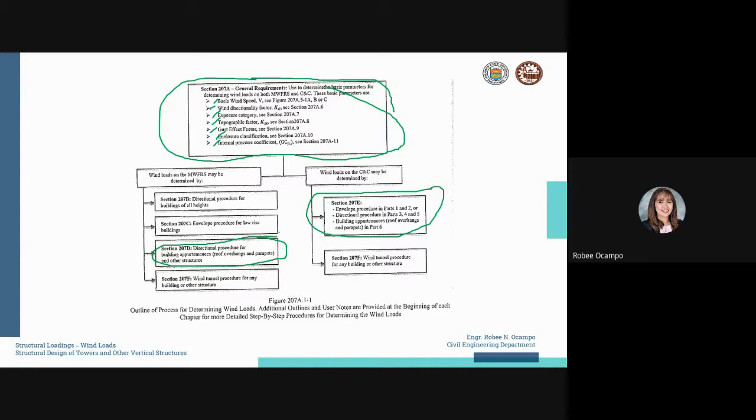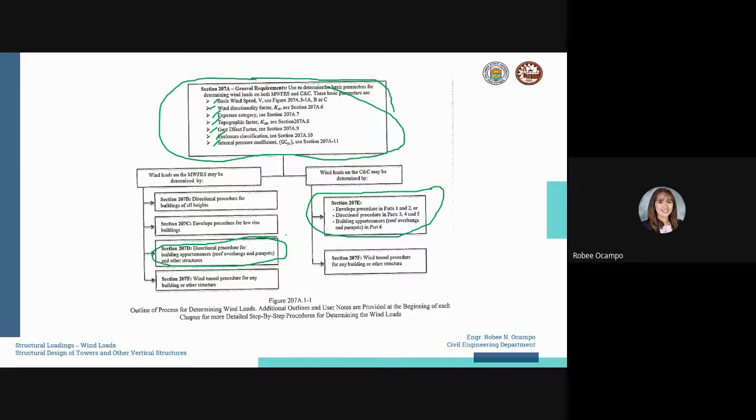We're not going to be focusing on the wind loads for buildings, no, kasi we don't have much time for that. Kasi after we discuss the provisions of the NSCP, we're going to have an example, no. Our first example will be a billboard. No, we're going to discuss it next meeting.